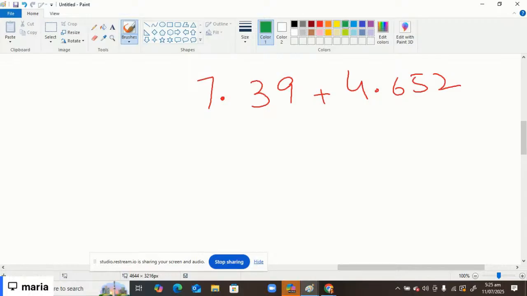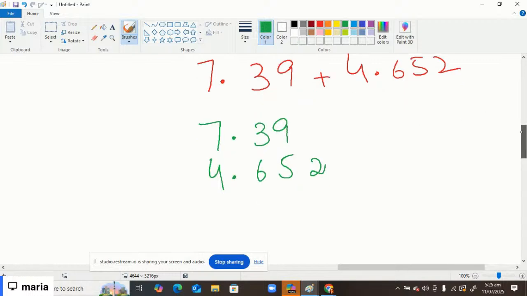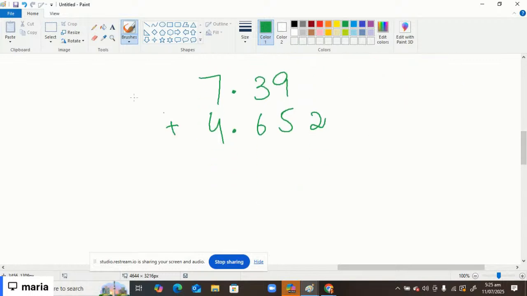Now I'm going to write 7.39, then 4.65 and 2. Let's add it. So everyone tell me the answer firstly, then we will solve together.